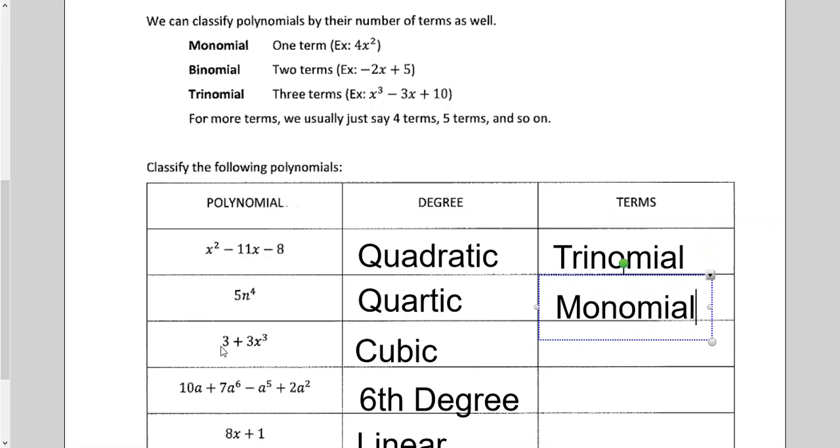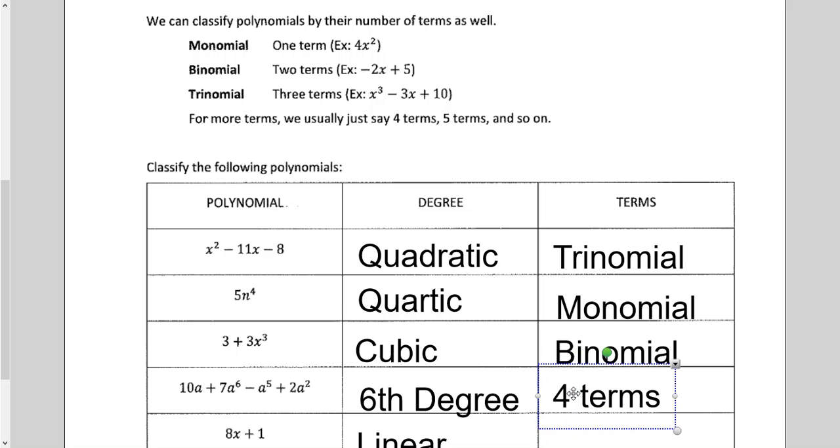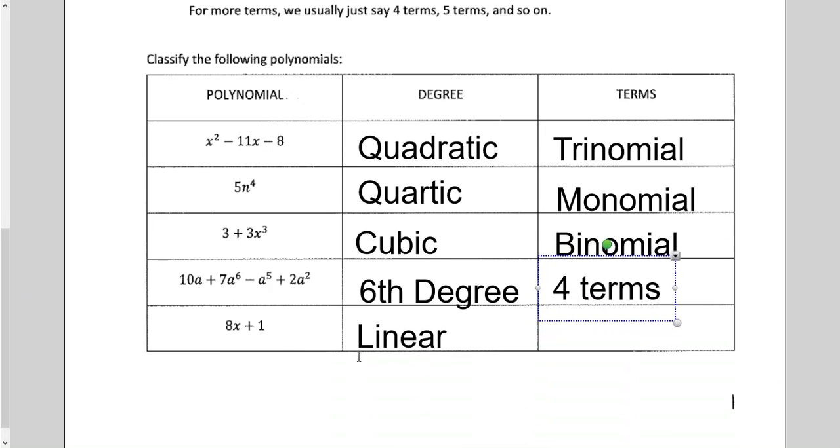Okay, this one has 2 terms, 1, 2, so if it has 2 terms, we call it a binomial. This one has 1, 2, 3, 4. So if it's 4 terms, we usually just say polynomial with 4 terms. And then finally, this one has 2 terms, so we can call it a binomial again.